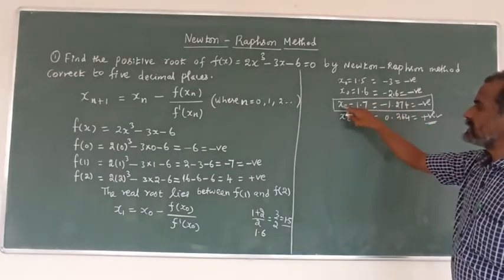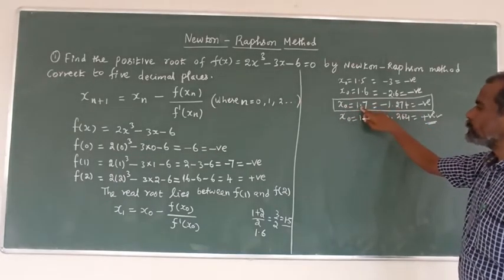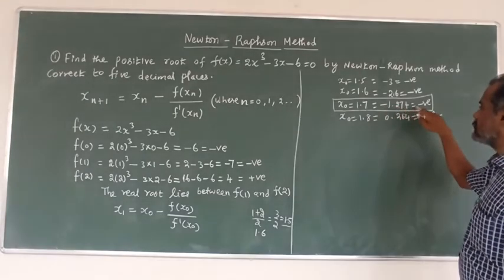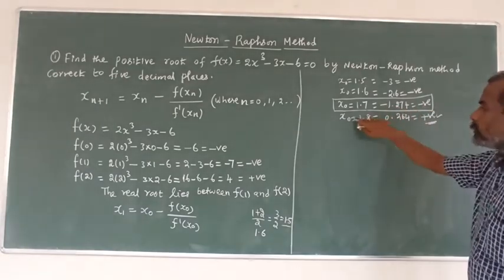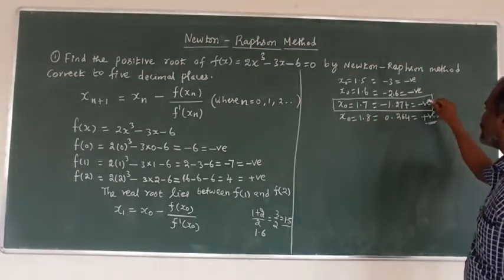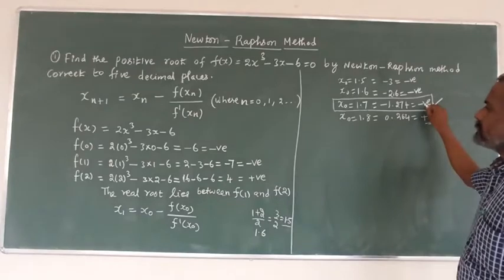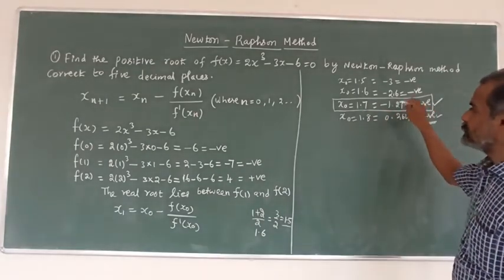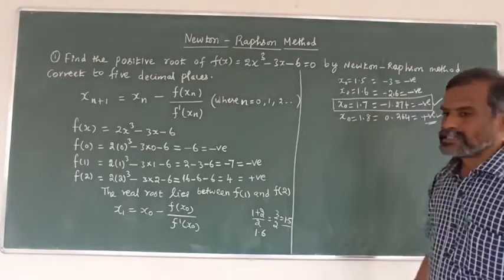For 1.7 the value is minus 1.274, which is negative, and for 1.8 it is positive. So we can take the x naught value 1.7, which is the negative result. We take this as x naught.